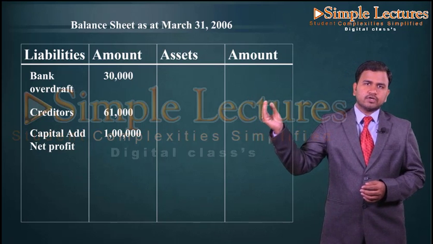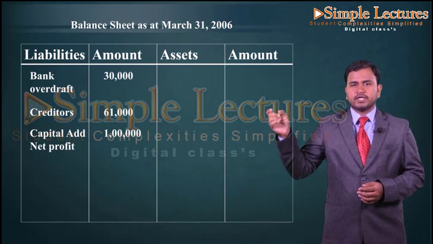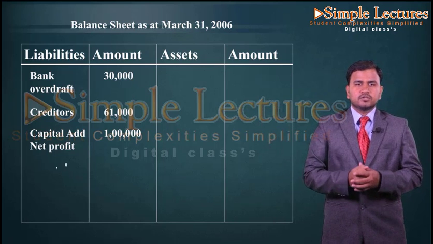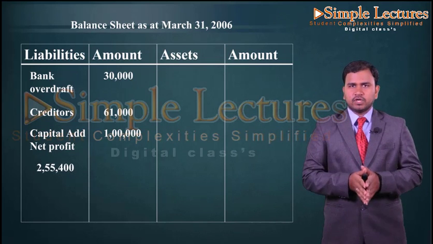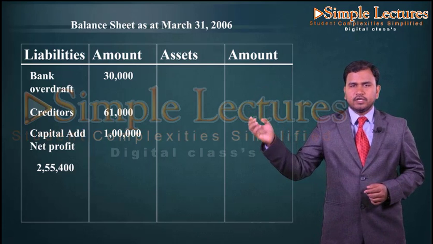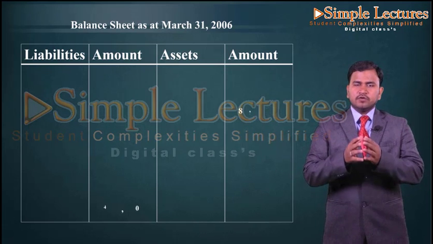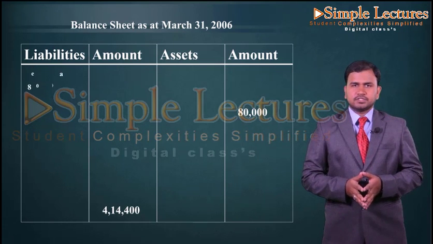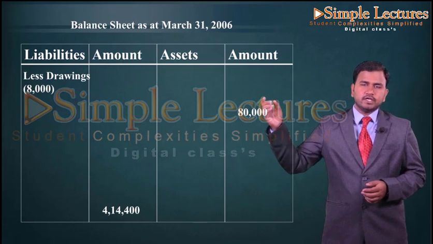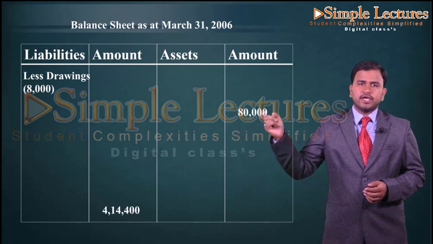So we are going to record capital in the inner column 1 lakh, and then to that we are going to add net profit, which we have 2,55,400. So 1 lakh plus 2,55,400, then the total will be 3,55,400. From that we are going to deduct the drawings which is 8,000. So again in the same side, less drawings, again in the inner column 8,000.